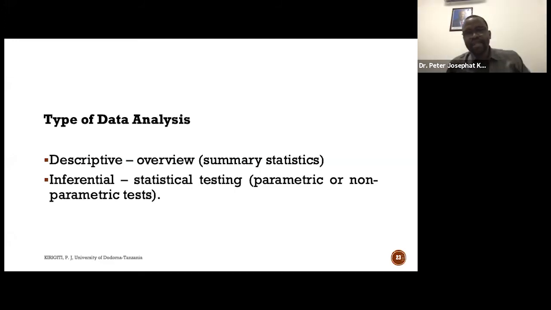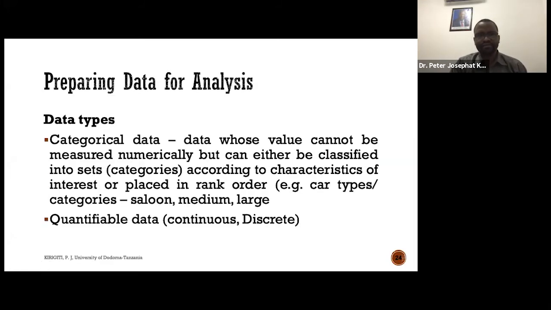So as you plan for the study, for the survey, you need also to know whether it is for the descriptive or for the inferential. Now see, a few minutes ago, we discussed the nature of the variables.